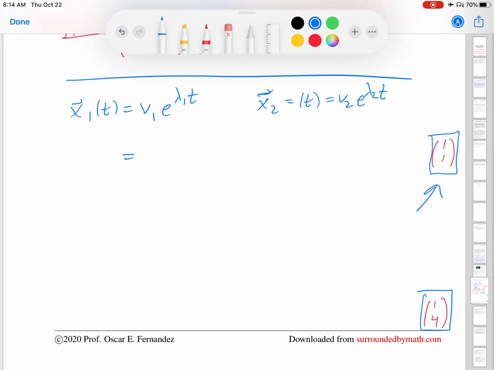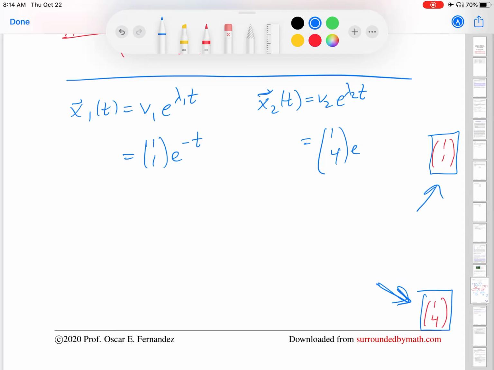This was our v1, 1, 1, times e to the minus t, which came from the eigenvalue negative 1. And this was down here our eigenvector v2, 1, 4, times e to the 2t, which comes from lambda equals 2.